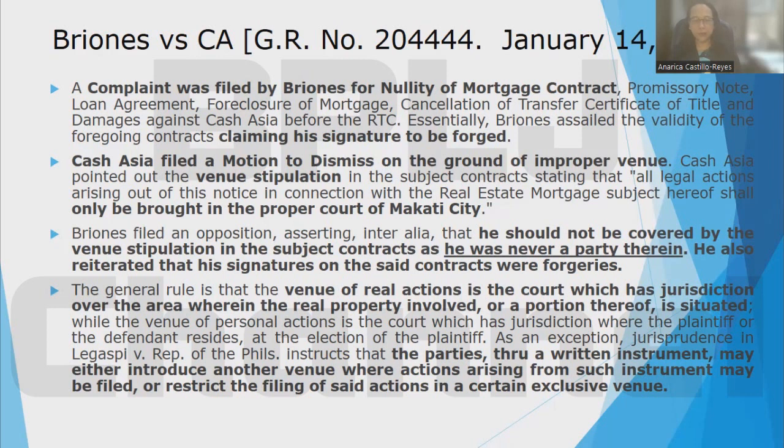General rule is that venue of real actions is the court which has jurisdiction over the area where the real property involved is situated. The parties to a written agreement may introduce another venue where actions arising therefrom may be filed.